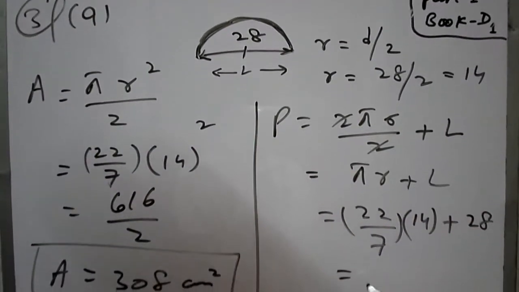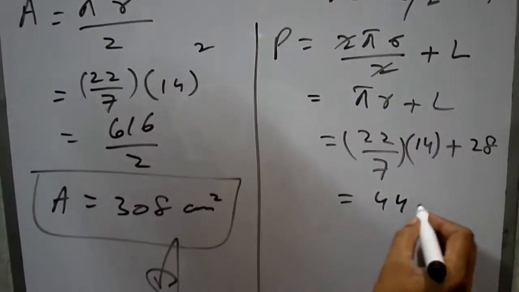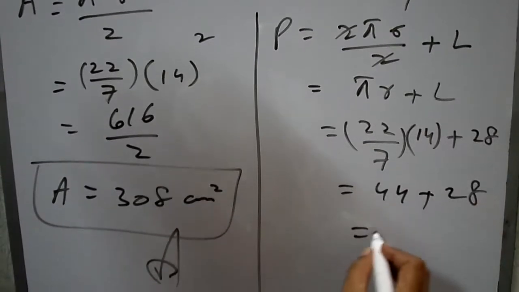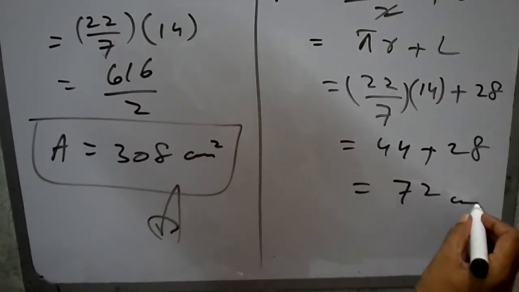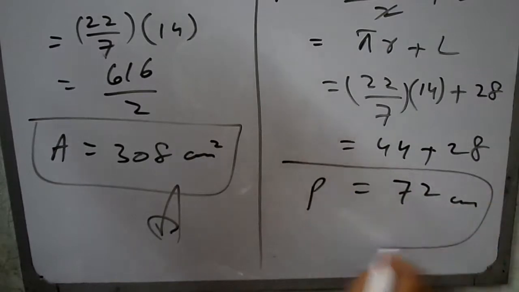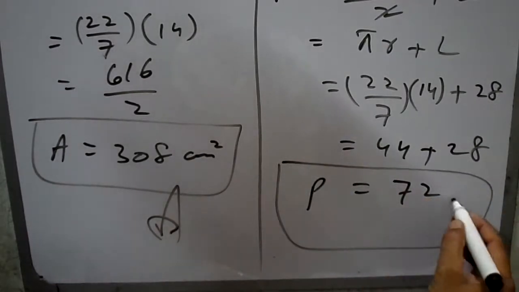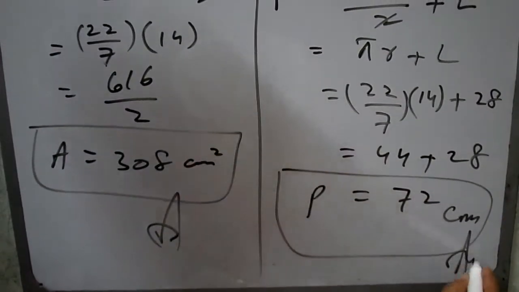So by simplification you will get 44 plus 28, so 72 centimeters. So that is your perimeter. So that is your answer.